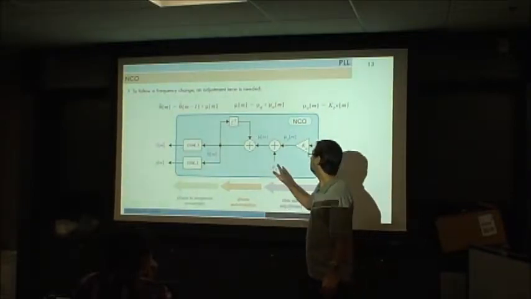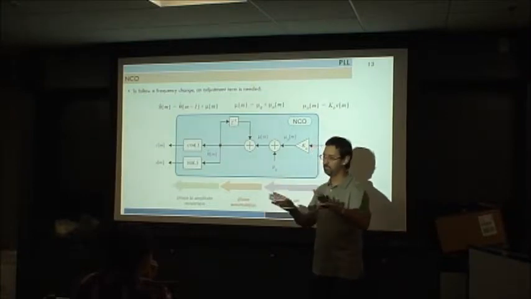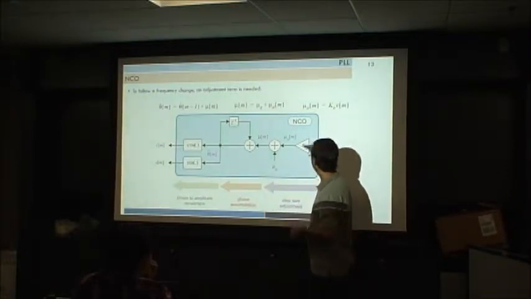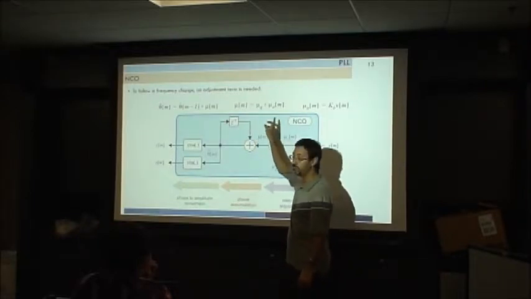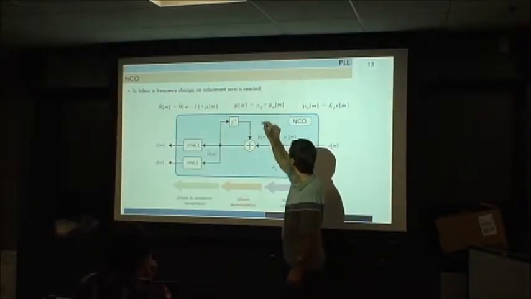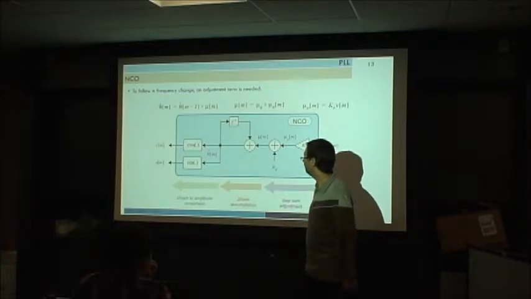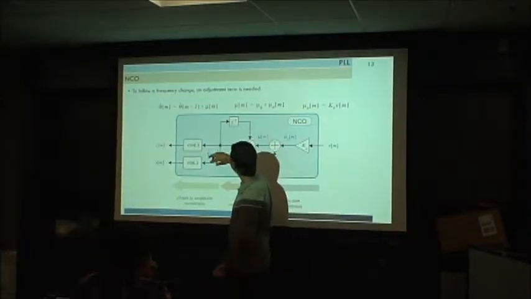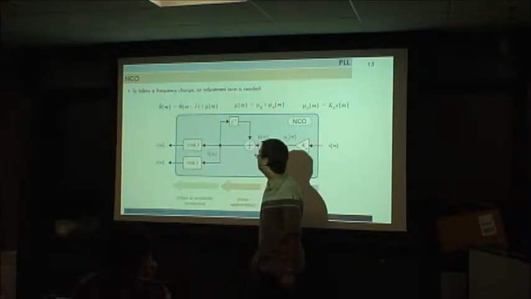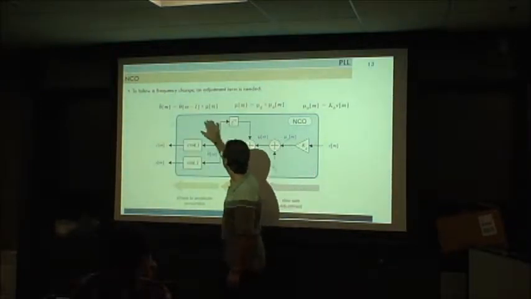This one will be fixed. It's just a number that is always the same. But this one is changing. That's why this mu has two factors: the fixed one and the one that is adapting to the phase. Here you have the integration part, and finally the sine and cosine of those two. So here is the integrator.